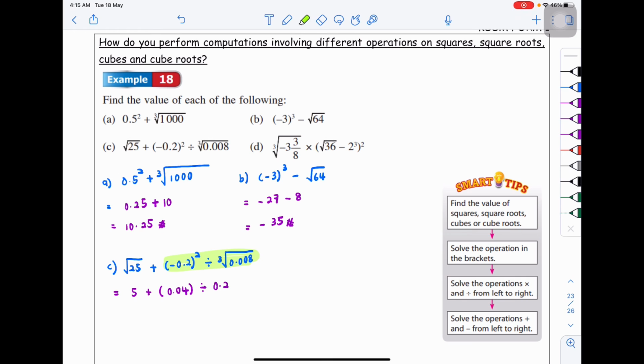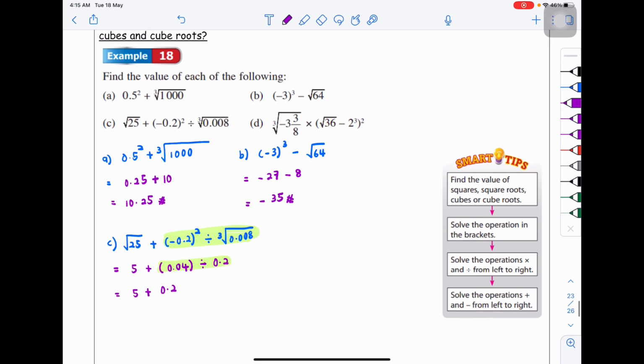We need to solve this part first: 0.04 divided by 0.2 will give us 0.2. Then we can add the two numbers. 5 plus 0.2 will give us 5.2.